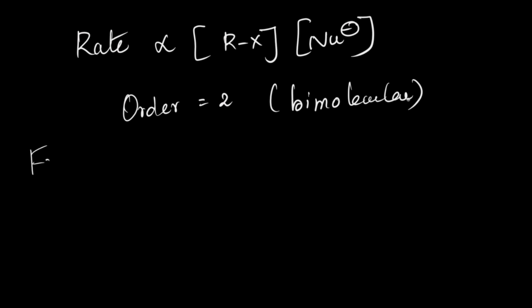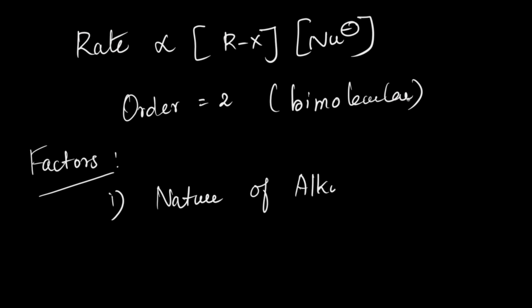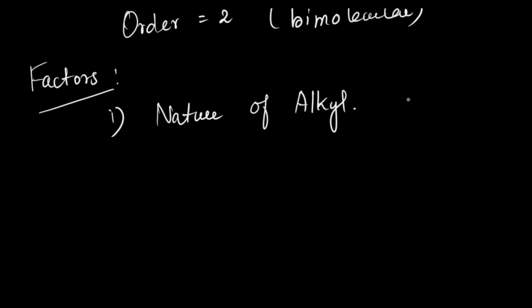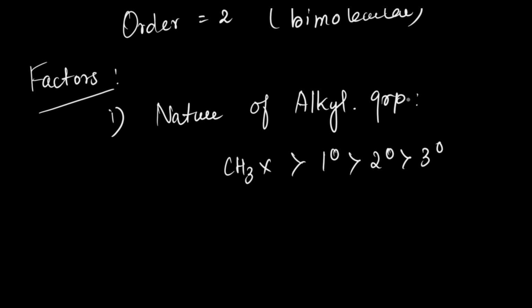What are the factors affecting over here? The first factor is the nature of the alkyl group. We already talked about that. Here the alkyl carbocation formation is not important, so the order is methyl first and then primary, secondary and tertiary.